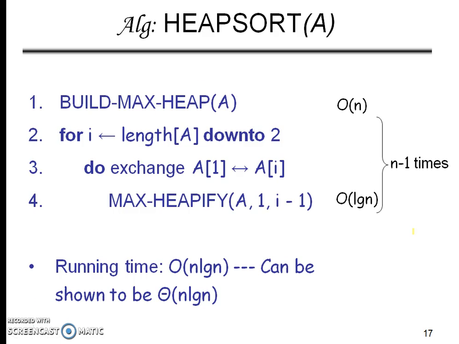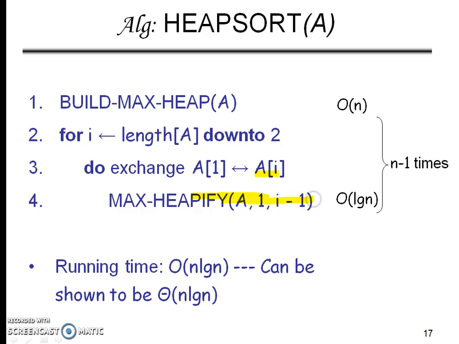Now analyzing the time complexity, this is the algorithm for heap sort. For i starting from the last node down to 2, exchange the root node with the ith node, apply max heapify, that is, construct the heap back.